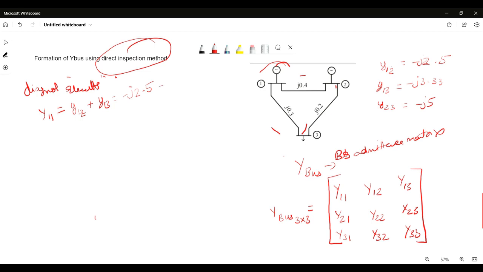After substituting, we will get the value of Y11, the value of Y22, and similarly the value of Y33.